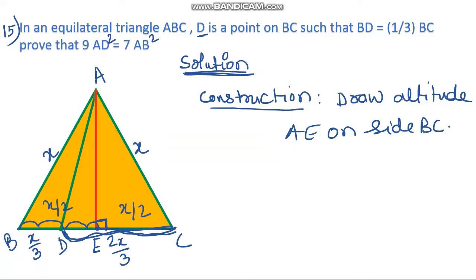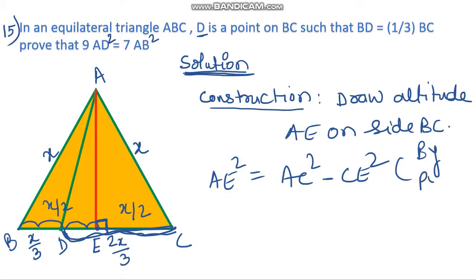Now let us try to find out how much is our AE. If you apply Pythagoras theorem, you will get AE square equal to AC square minus CE square, isn't it? Because angle E is equal to 90 degree. This is by Pythagoras theorem.